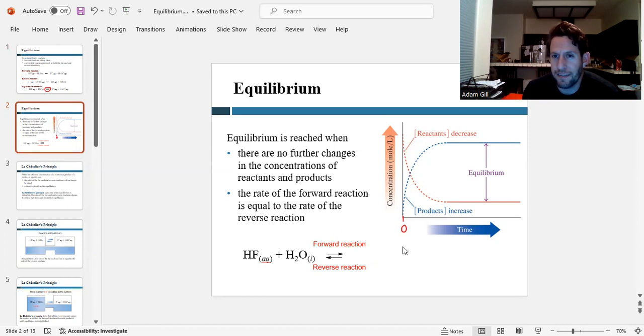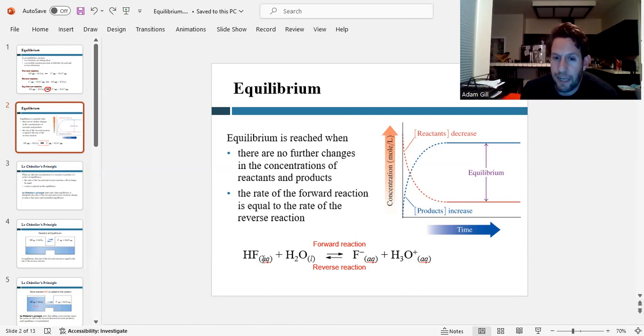Now, as time progresses, we're going to start to form product. And so as time goes on, the amount of product is steadily increasing. Simultaneously, the amount of reactant is decreasing.